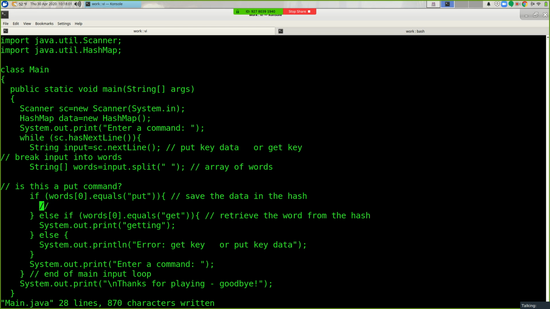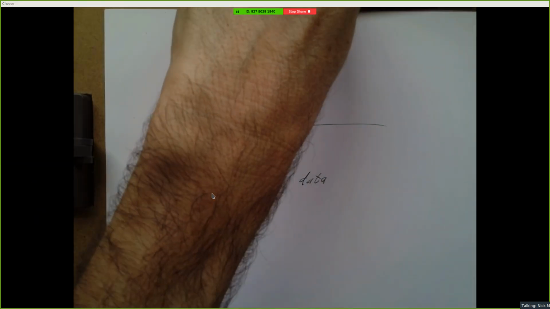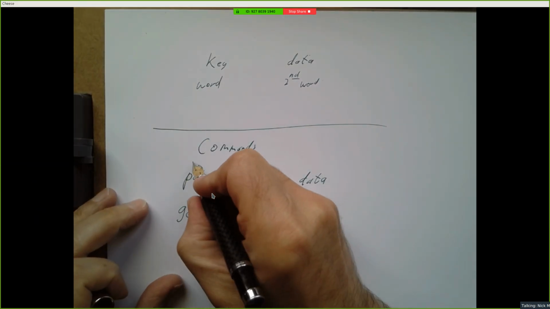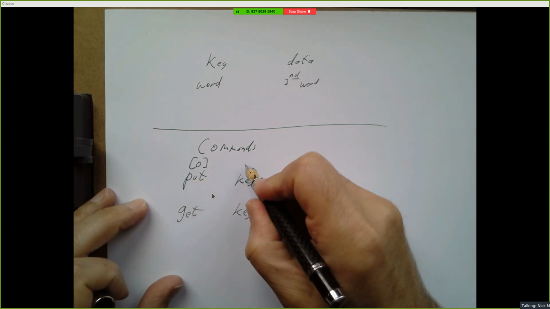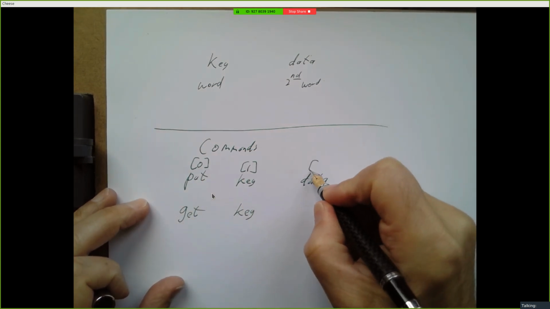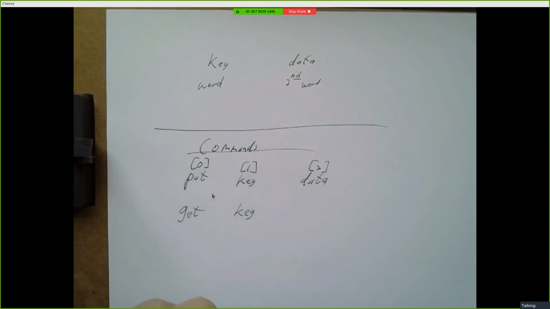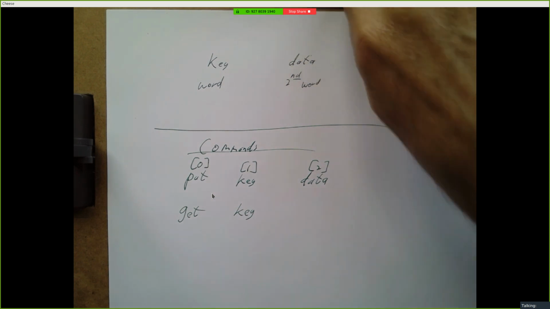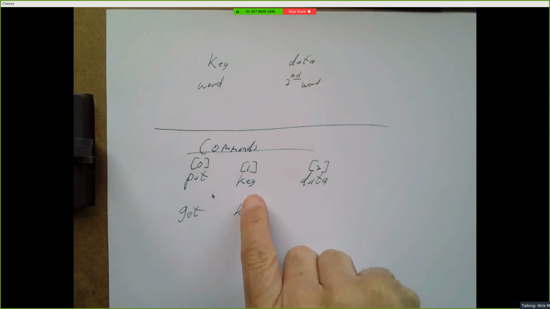All right, so save the data in the hash. The way we split this, this was bracket 0, this was bracket 1, this was bracket 2.